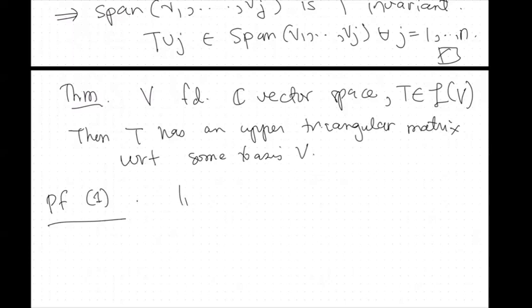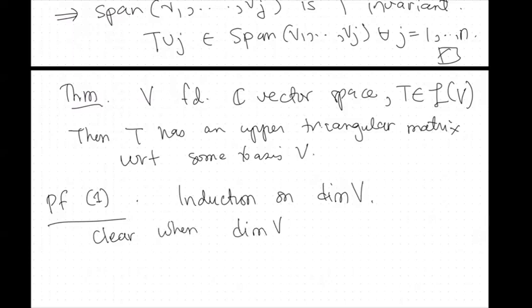The technique is induction on the dimension of the vector space V. This is clear when the dimension of V is equal to 1. It's just a 1 by 1 matrix, just a number.